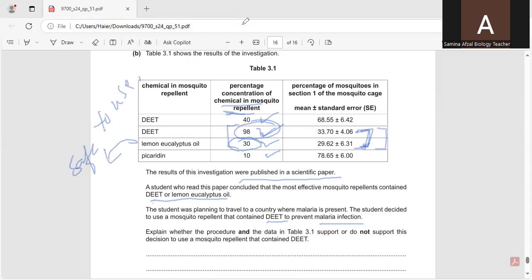And one more thing we can say is that only 1% was used for this study. If there are more volunteer persons, then the study can be more authentic. The comparison is easier if there are more volunteers, or you can say there is no statistical data. They have only discussed these two values. No statistical data is present.